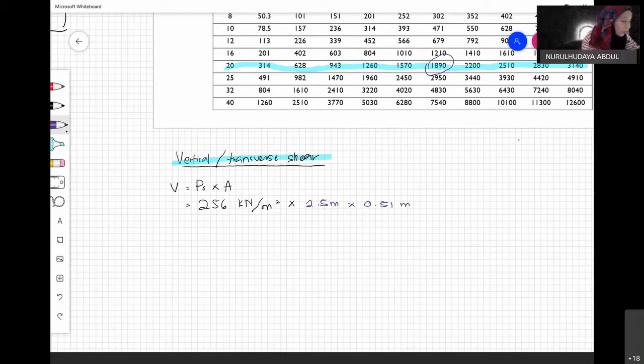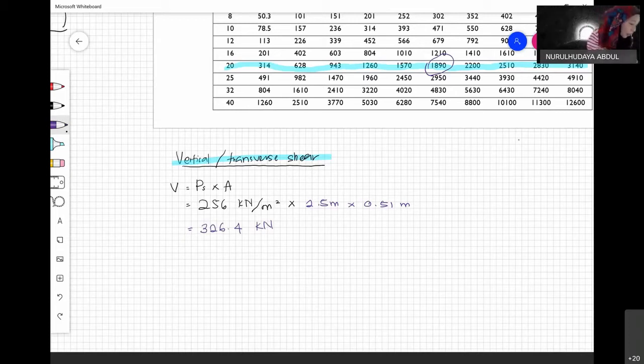And then kita darab. 326.4, okay, betul. Thank you. 326.4 kilonewton. So we have our shear force.